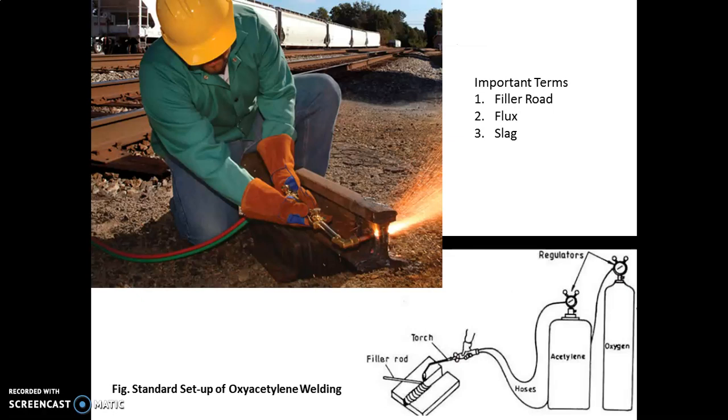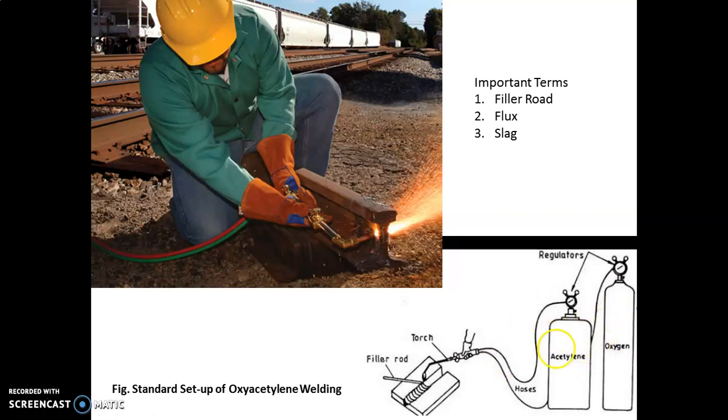In this slide, we will discuss the important terms used in oxyacetylene gas welding. The picture above shows the actual application of oxyacetylene gas on a rail track, and the bottom picture represents the use of acetylene and oxygen gas by using individual cylinders.